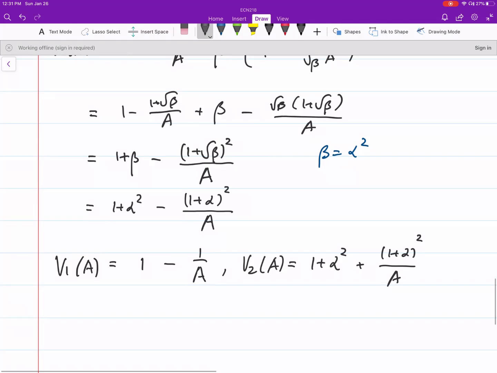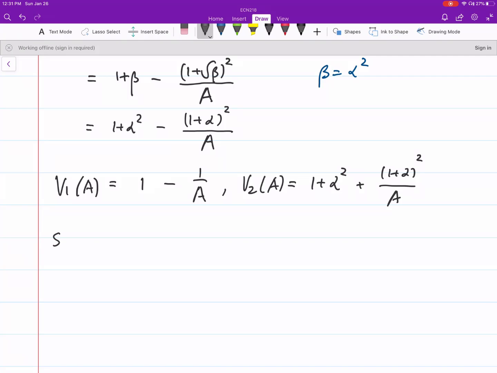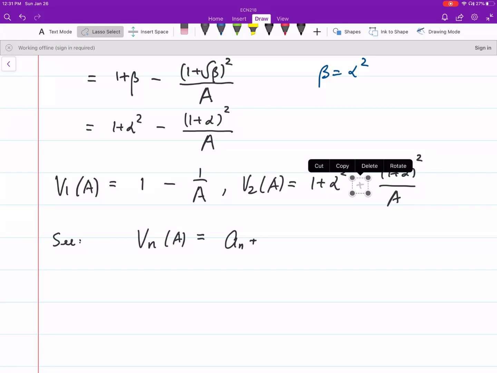So what we see over here is that possibly Vn of a is going to be a constant, which we call An, plus another term. This is negative, so let me change the sign. It doesn't really matter, but it's better to use a negative sign.